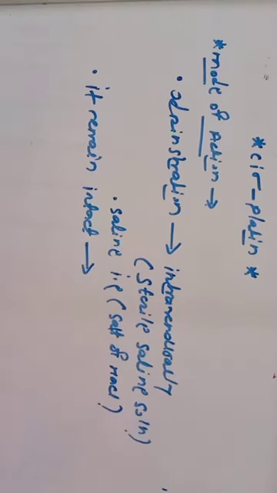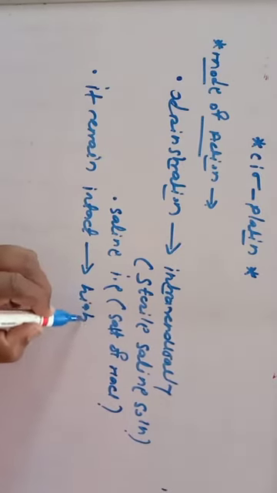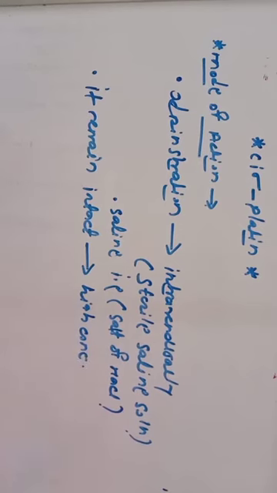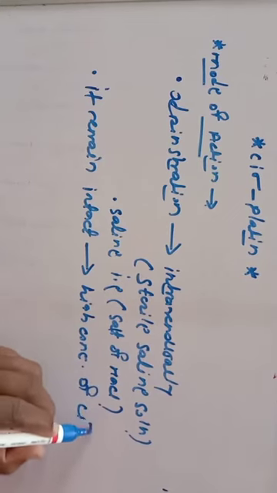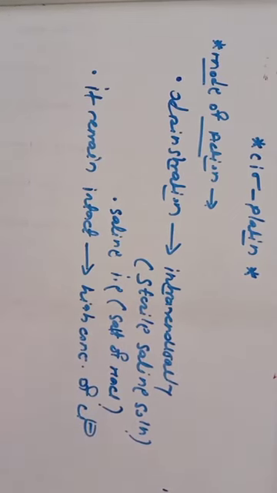When you administer cisplatin with the help of veins, it does not dissociate, due to the high concentration of Cl minus ions. You should remember this point.